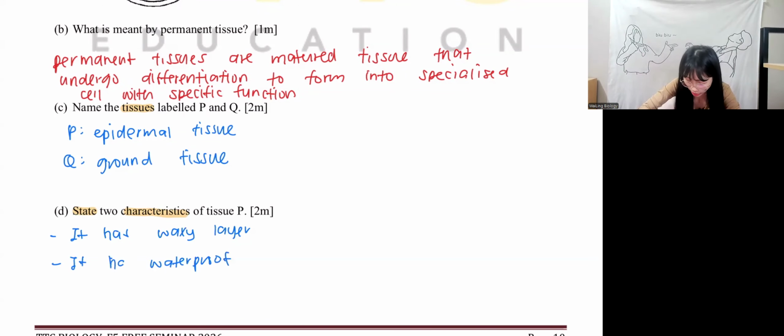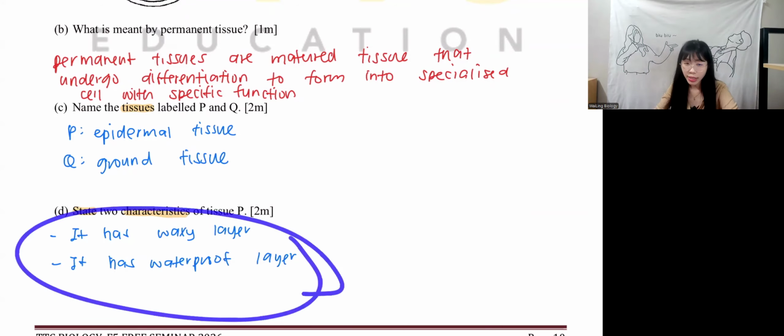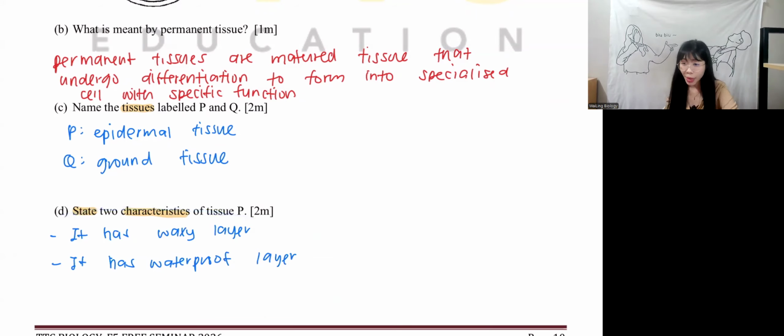I can say it has a waterproof layer. Can you just say it has a cuticle? If you say cuticle, you only have one characteristic, my dear. So make sure you write two characteristics, because cuticle is only one. These two are part of the cuticle.